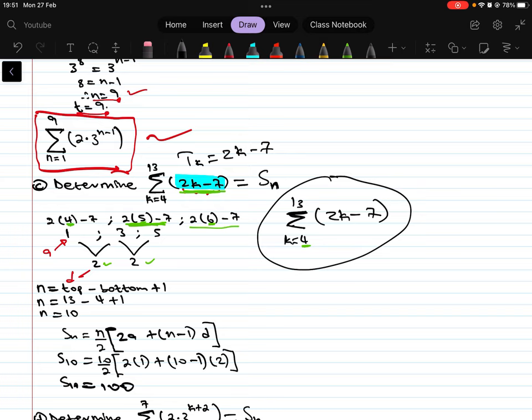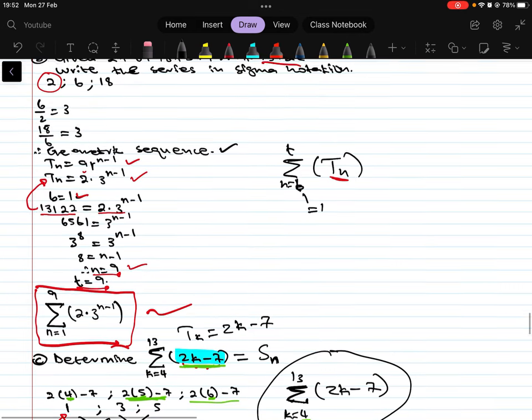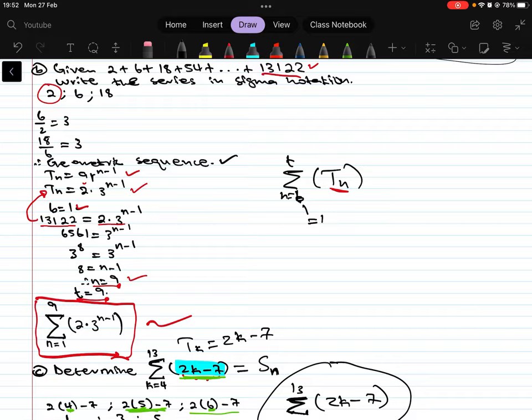Moving on, now that you have all the 3 terms and you know that this is an arithmetic sequence, the sigma notation represents an arithmetic series, not a sequence but a series, because sigma means sum. So it has already been presented to you in sigma notation.